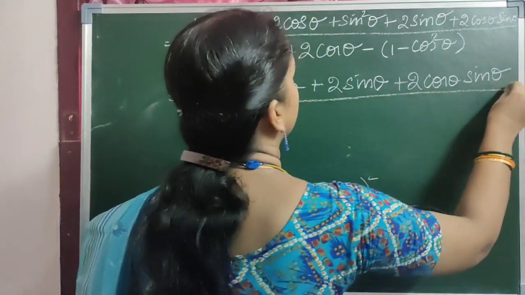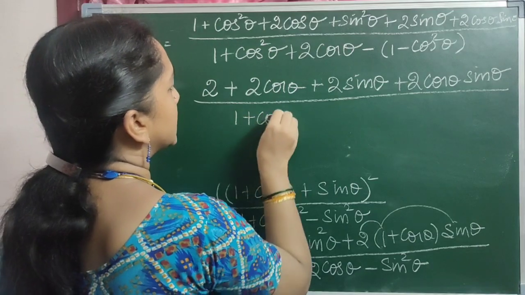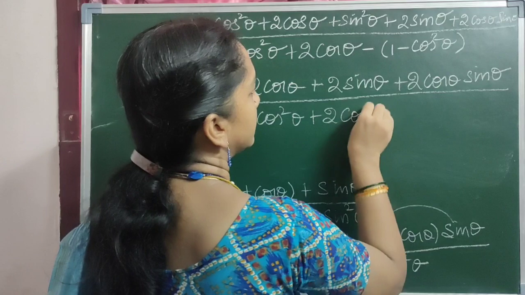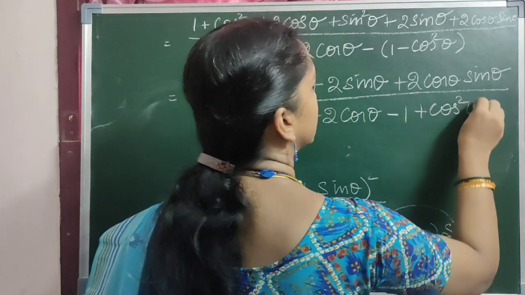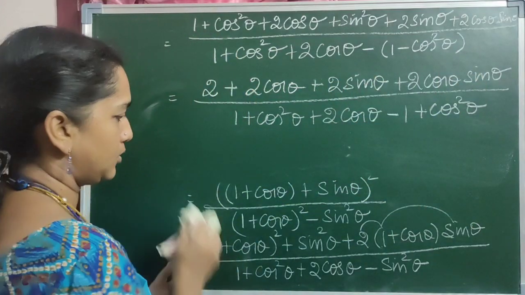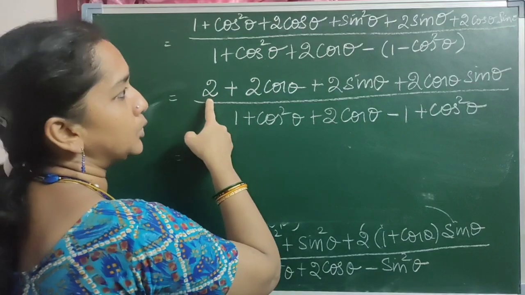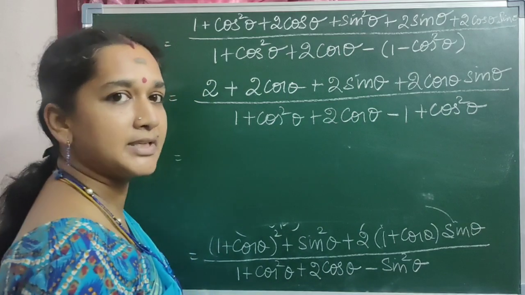Now the denominator is 1 plus cos square theta plus 2 cos theta minus 1 plus cos square theta. I am multiplying this negative sign inside. Then 2. Here after this nothing can be simplified.